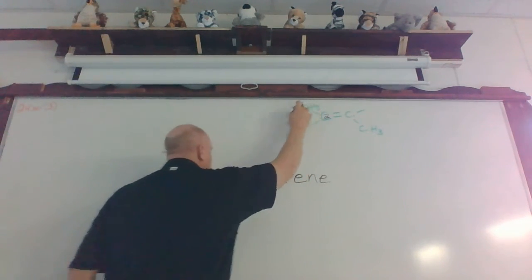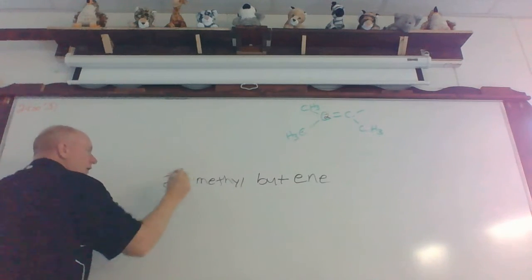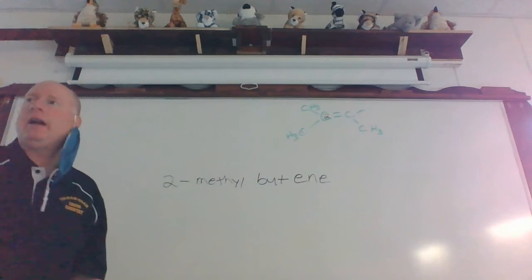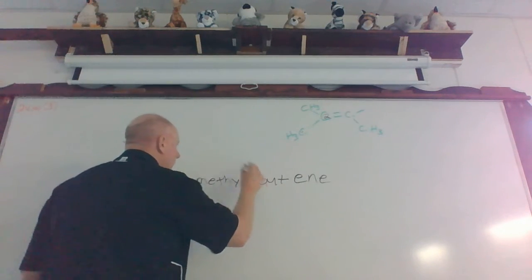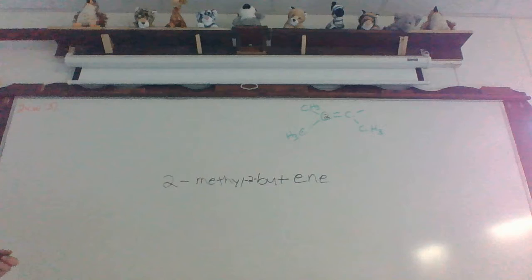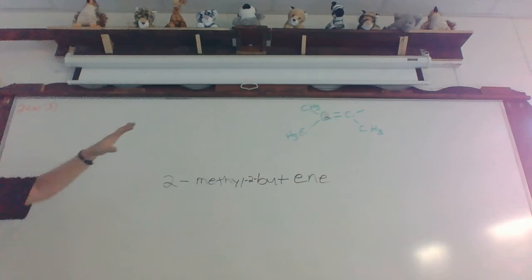You've got a methyl group up there. And then where is that double bond, after which carbon? Second one. I didn't leave enough space there, so that's why we kept that one for last. 2-methyl, 2-butene.